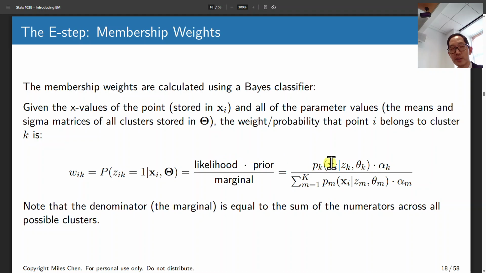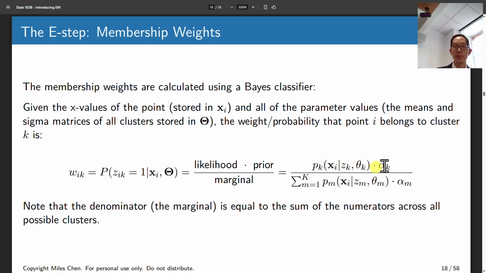So the likelihood is basically: what is the probability of getting this particular value if we know that it came from cluster 1? What's the probability of getting it if we know it came from cluster 2? And what's the probability of getting this value if it came from cluster 3? So you need to have initial starting means and variances for clusters 1, 2, and 3.